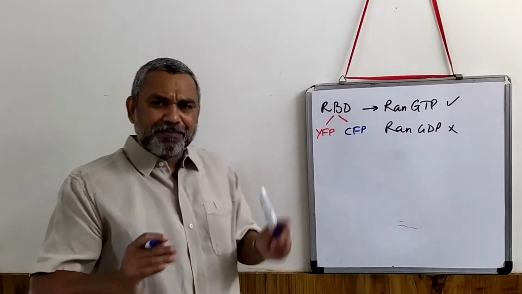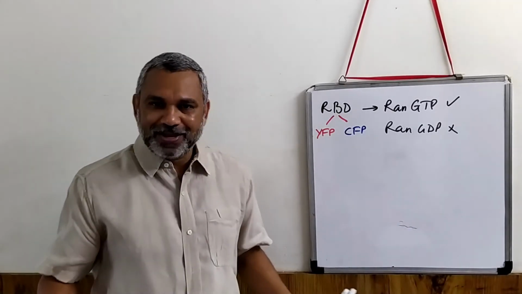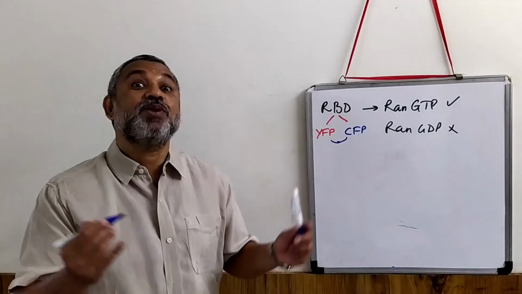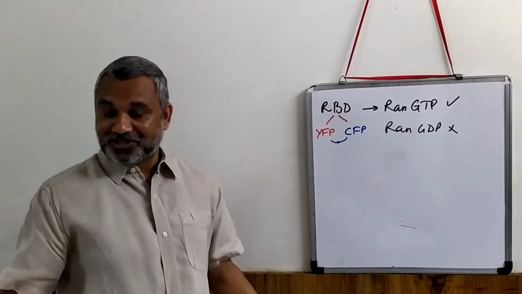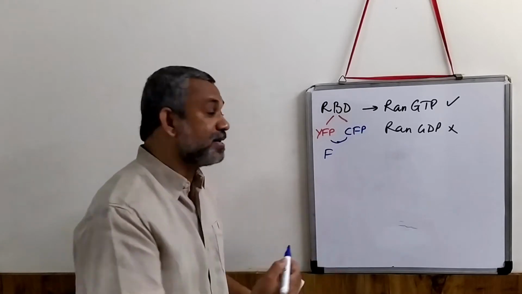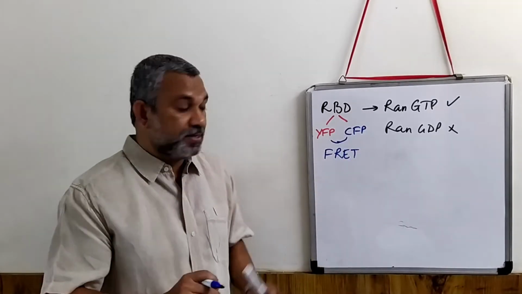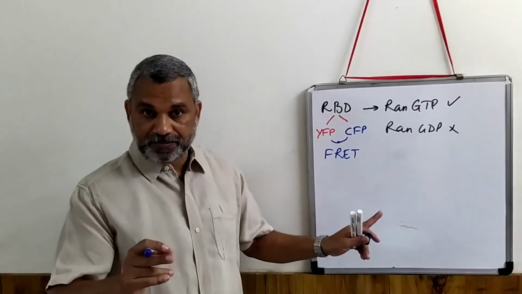Normally, if the RBD is not bound to a GTP molecule, there is a tendency that they will come closer, and they will release energy, and that fluorescence can be detected. We know the technique is called FRET, fluorescence resonance energy transfer.